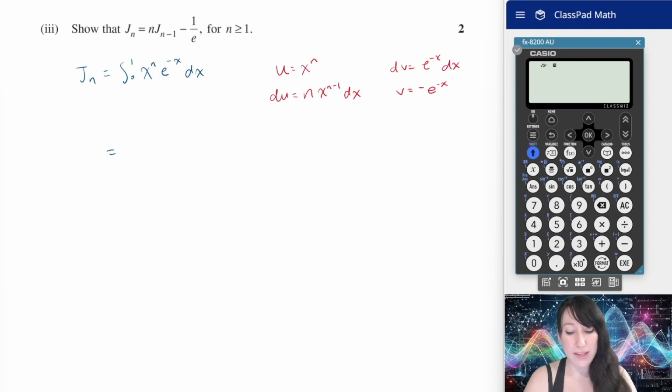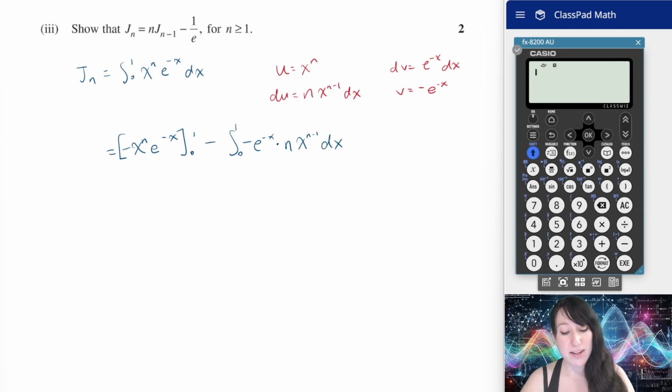So our integral will be equal to x to the n times negative e to the negative x. This part is outside of an integral now, so we'll write from 0 to 1, minus the integral of negative e to the negative x times n x to the n minus 1 dx from 0 to 1.